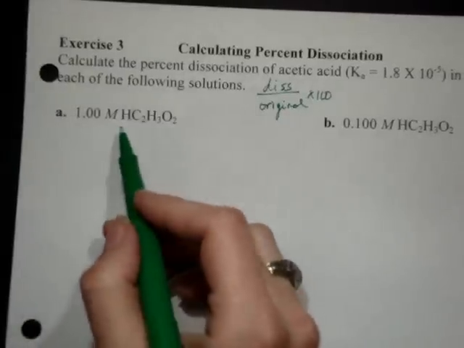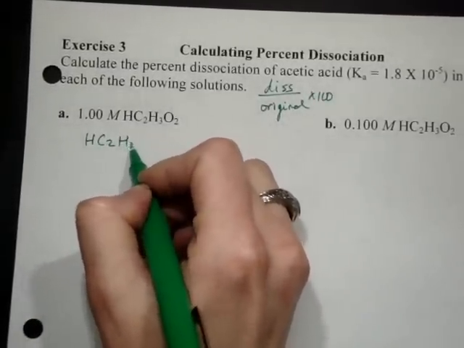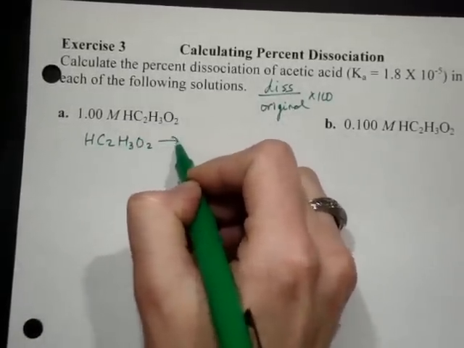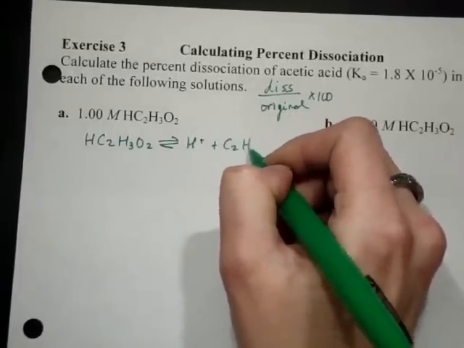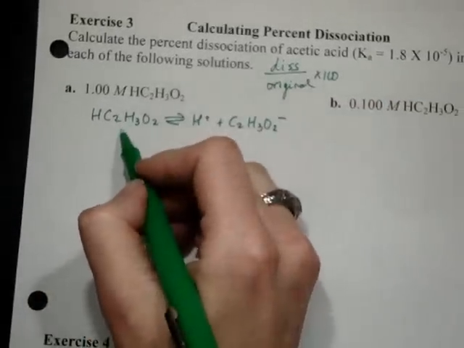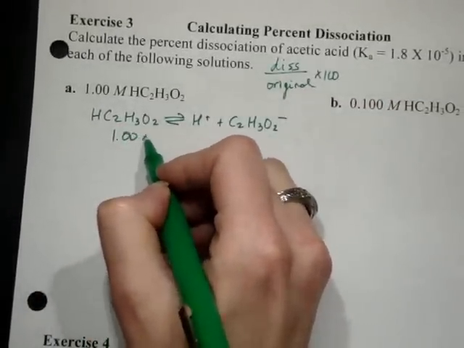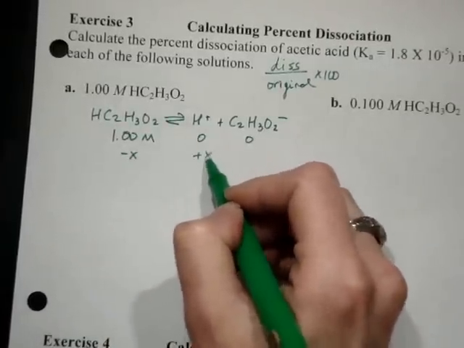So we're going to set up everything just like we had before. We need an equation for a reaction. Okay, we need our initial concentration, 1.0 molar, and then our minus and plus X's.